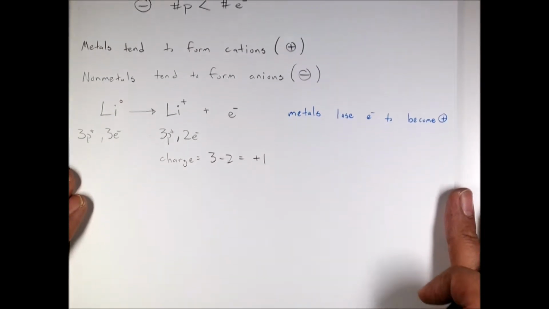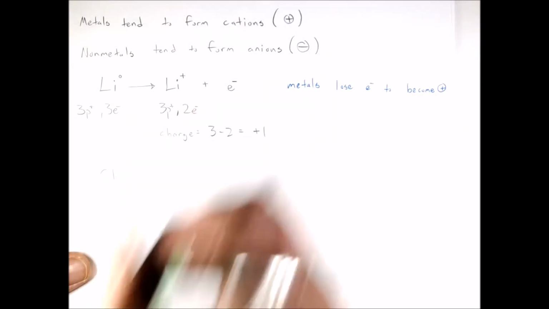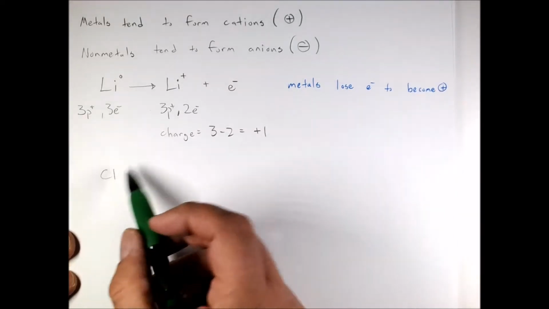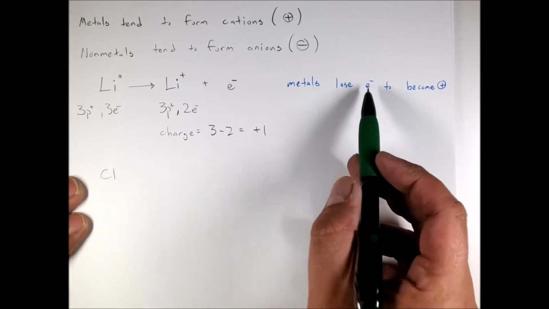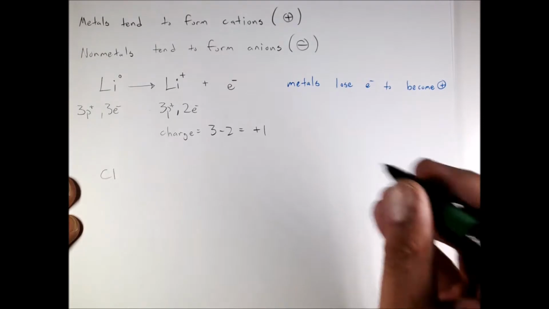So let's take a look at chlorine. So chlorine, let's just say that it's the atom chlorine. And which side of the table is chlorine on? Is it a metal or a non-metal? It's a non-metal, yes. So if it's a non-metal, the exact opposite is going to happen. So non-metals will gain electrons to become negative.